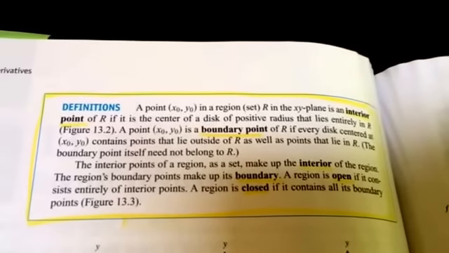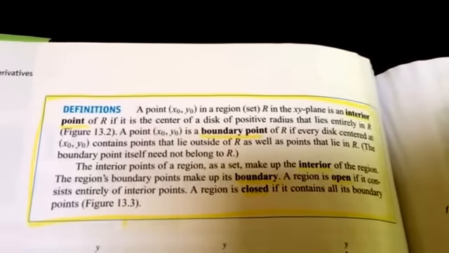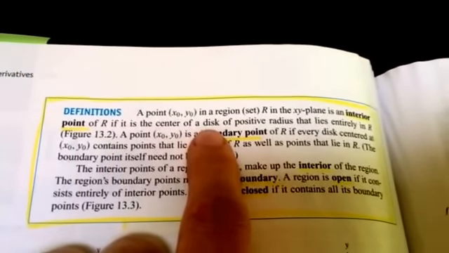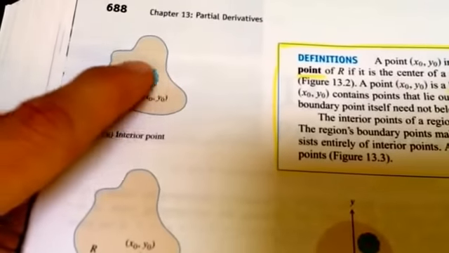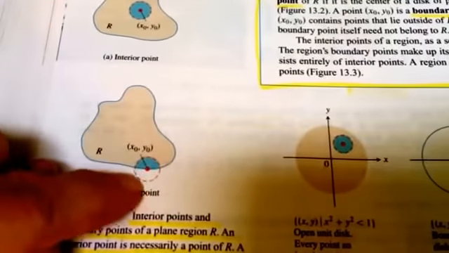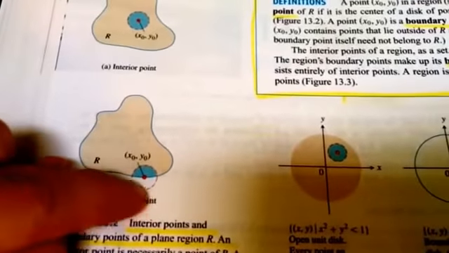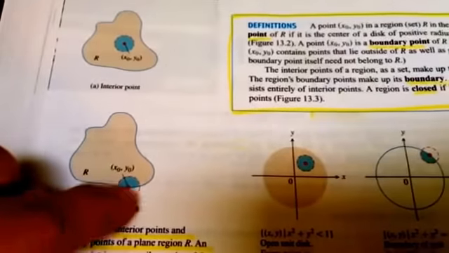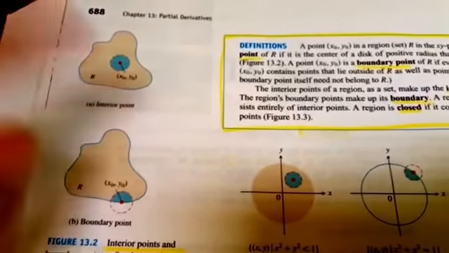But the math definition here, it's an interior point if when you draw a disc, well, let's look at the picture. When you draw a disc around it, then the whole disc is inside the region. It's a boundary point if when you try to draw a disc or circle, that's their fancy way of saying circles, if you draw a disc around it and not all of the disc is in the region, then it's a boundary point. So that's the math definition.